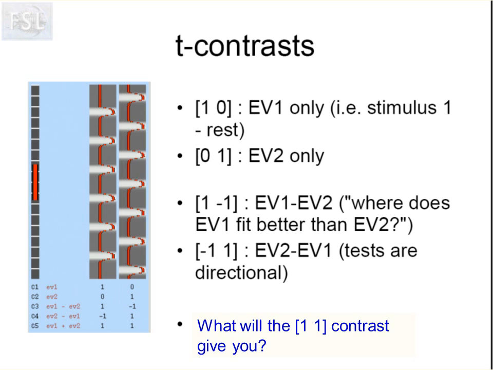We don't really want to see where the average of activation in response to vision and in response to auditory is significant, do we? That's not often a useful question. When we want to do that sort of thing, probably what we really want to do is an F contrast, which we'll look at on the next slide.